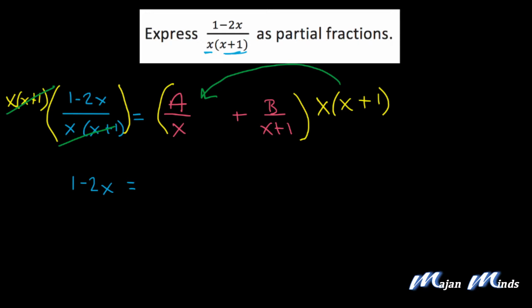And over here, I'm going to have A multiplied by, now look at this, when this yellow multiplies by this pink x, the pink x and the yellow x are going to eliminate, and I'm going to be left with x plus 1.